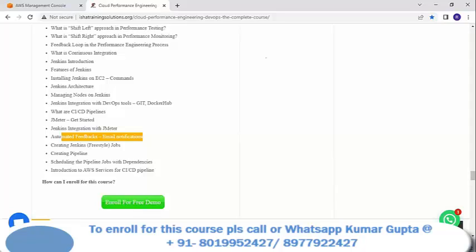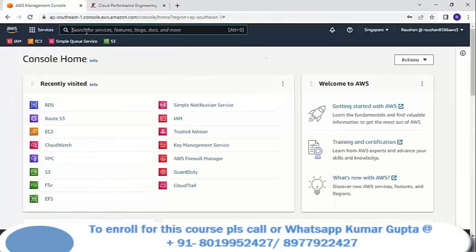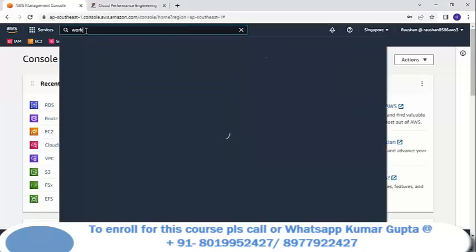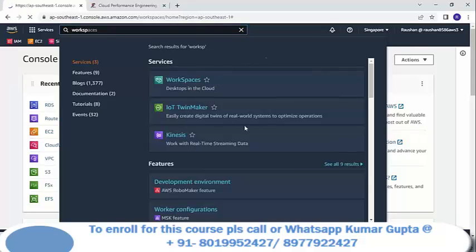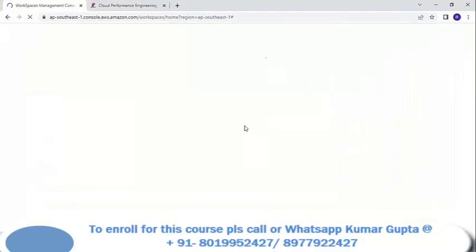I have one question, very fast. Sure, Arun. Moving on to the project, it is an AWS cloud-based project, where they have given the AWS Workspace, which is one of the services in AWS.